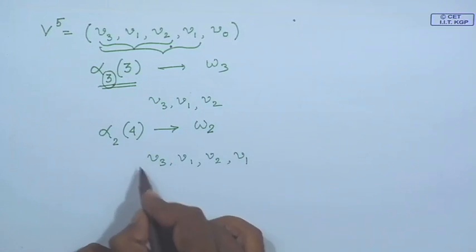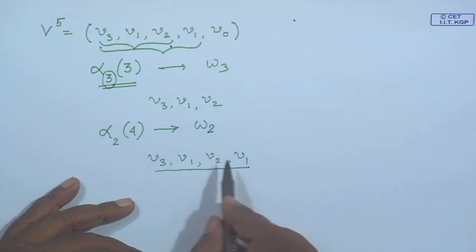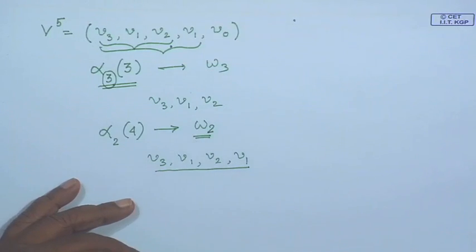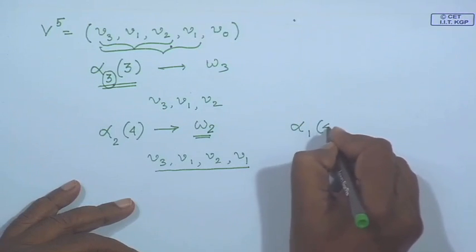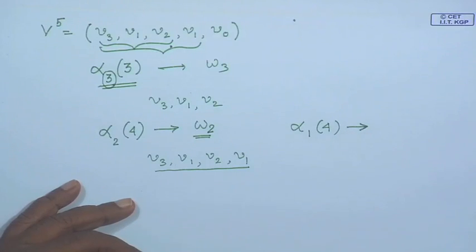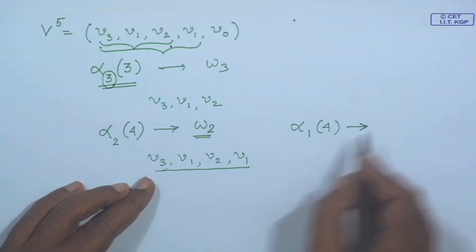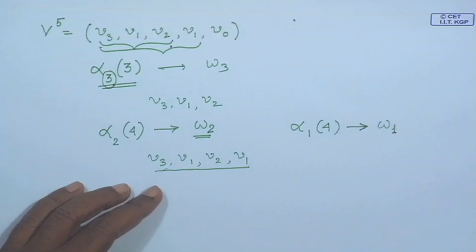Similarly, alpha 1 4 indicates that after generating these 4 symbols, what is the probability that the machine will be in state omega 1.